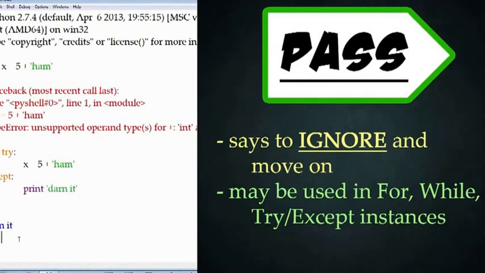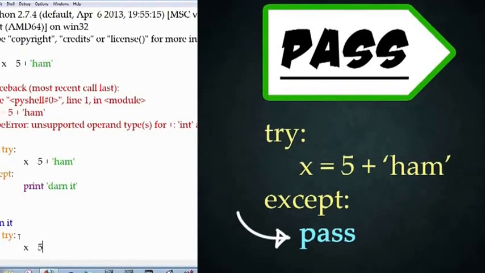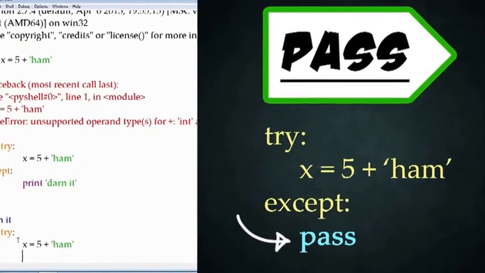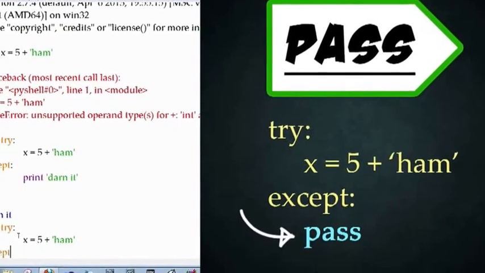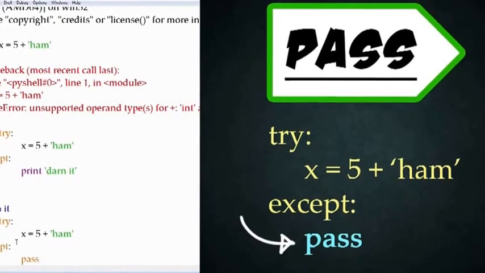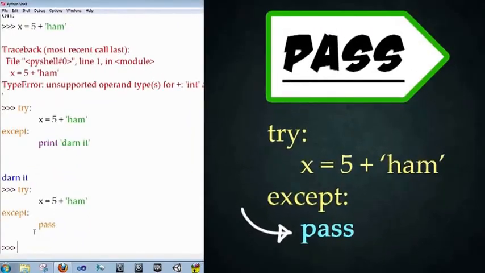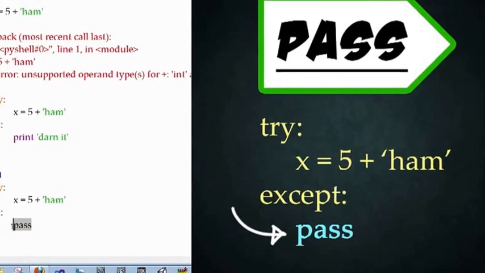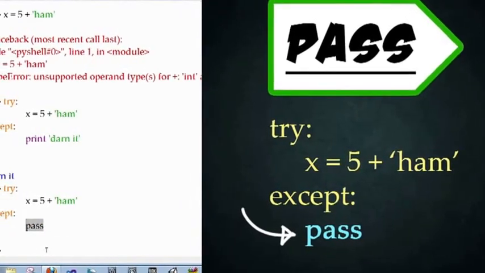So we're going to type in try, x equals 5 plus ham again, because 5 and ham don't add up, backspace, except pass, enter. And now look at what happens. It's just using it to pass on, to say, hey, just move on past this. So pass is a way of saying, hey, ignore whatever came through and just move on.